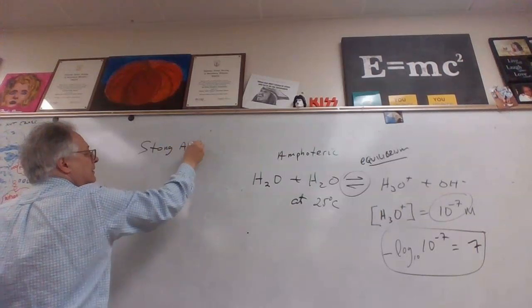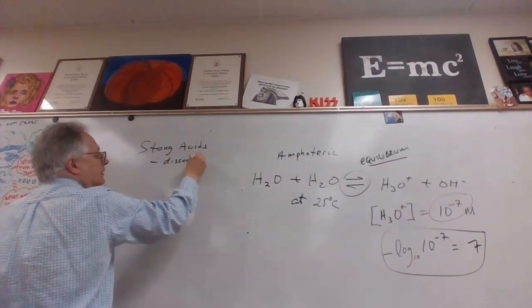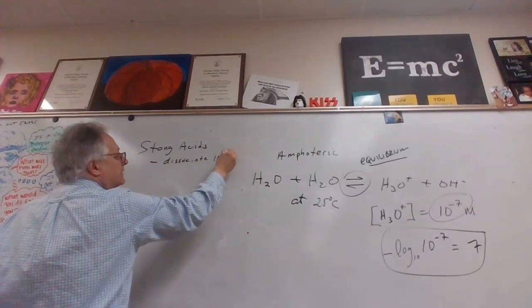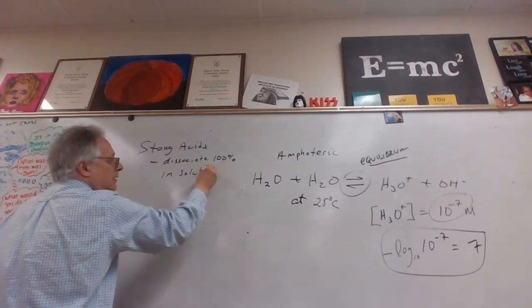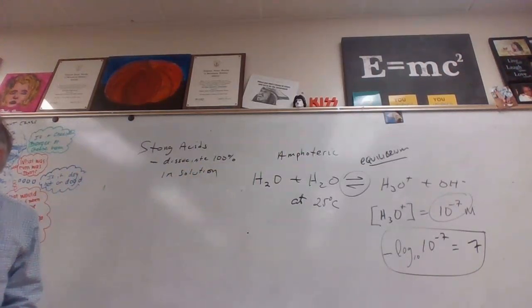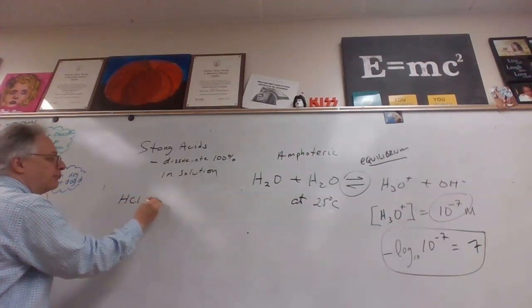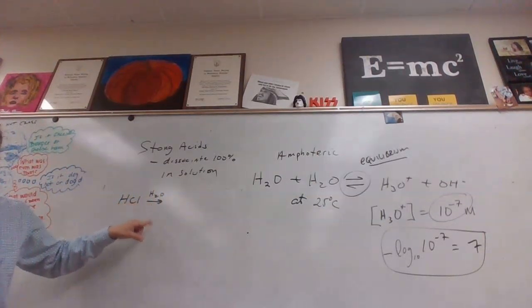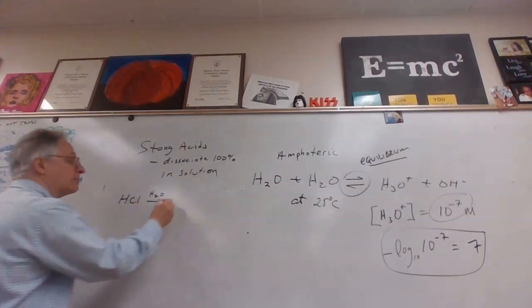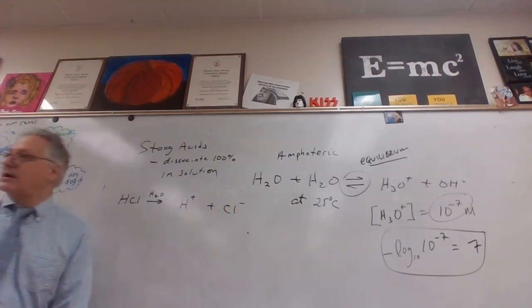Strong acids dissociate 100% in solution. And what that means, I'll let you write that down. What that means is that if I take HCl, which is a strong acid, and put it in water, it's going to break up 100% into hydrogen ions and chloride ions.